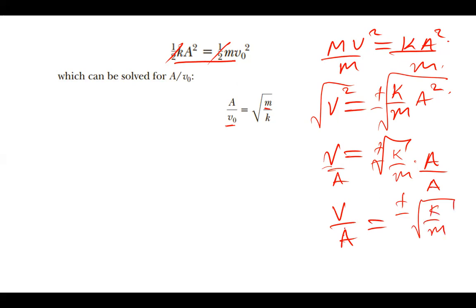Once I flip this, the a goes up, the v comes down. Even what is under the root should change. So if I say a over v, this should become m over K. So that's what it means there.